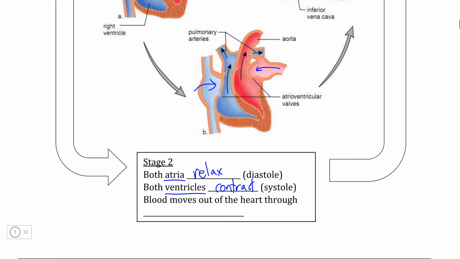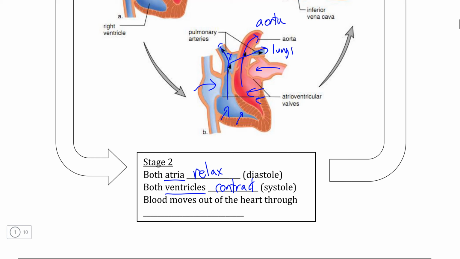Here we can see when the right ventricle contracts, it pushes blood out of the heart towards the lungs via the pulmonary artery, and when the left ventricle contracts, it pushes blood out of the heart via the aorta, which is bound for the rest of the body.